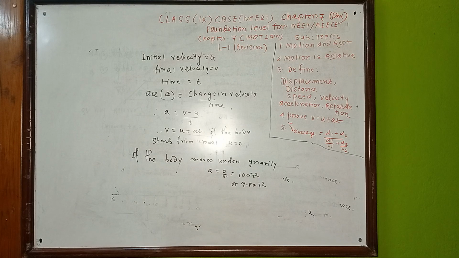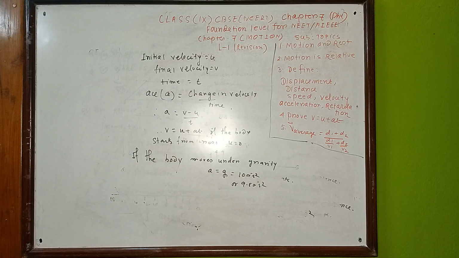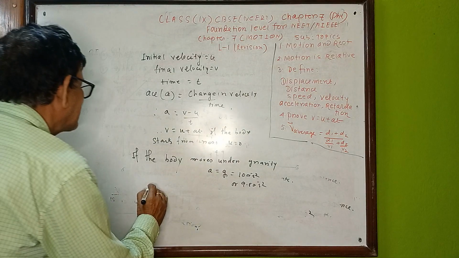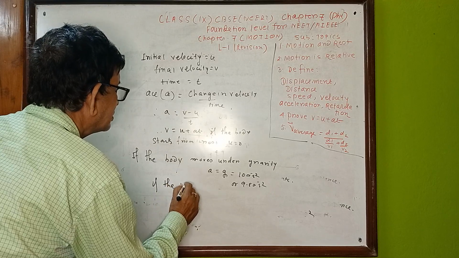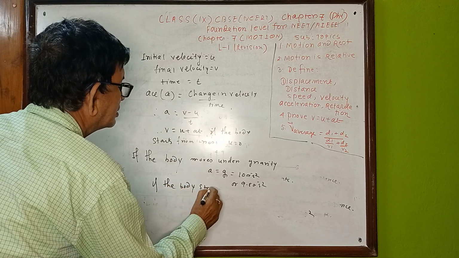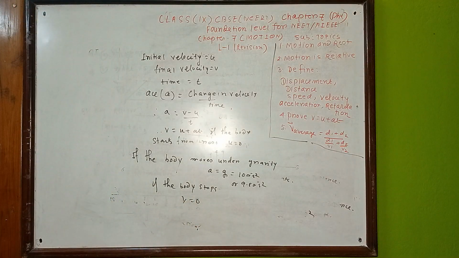Clear? So against gravity it will be minus 10, in favor of gravity it will be plus 10. If the body comes to rest, if the body stops, then v equals 0.